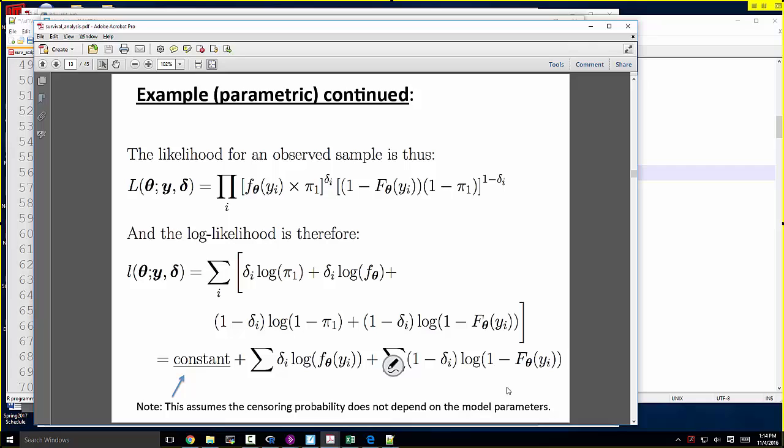And if it were analytically tractable, we could just do calculus and differentiate this, set it equal to 0, and solve for the values of theta that maximize it. I'm not going to have you do that. Instead, we're going to use an optimization algorithm in R to do the maximization.